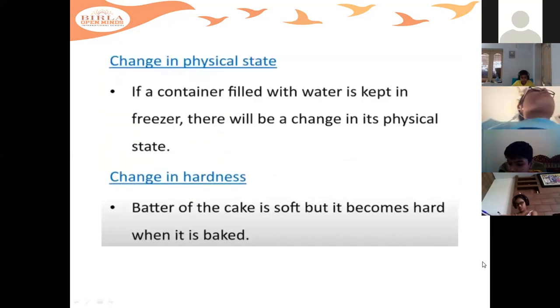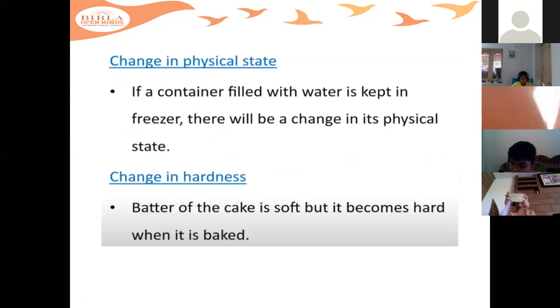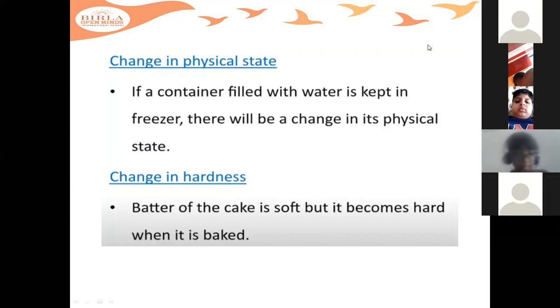Change in physical state. So what is the change in physical state actually? If a container filled with water is kept in a freezer, then there will be a physical change. What will happen to that water which is kept in the container in a refrigerator? What happens to the water after a particular time? Will it still be a liquid? What happens to its physical state?